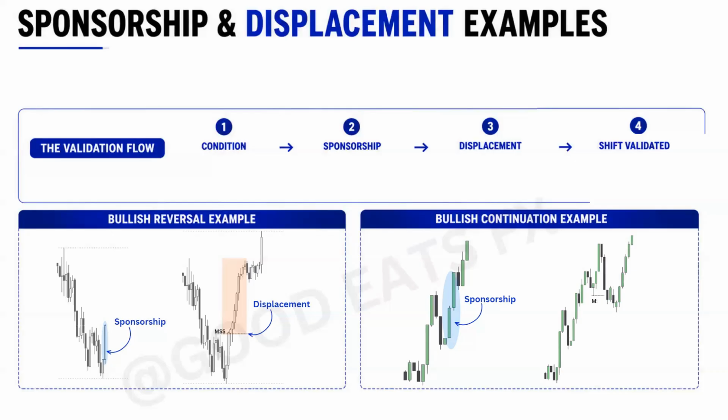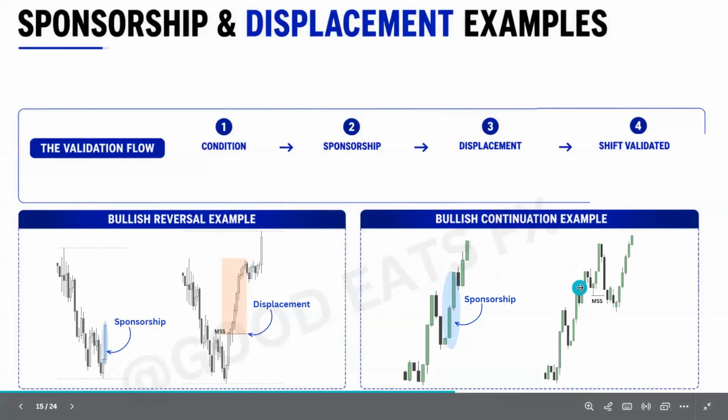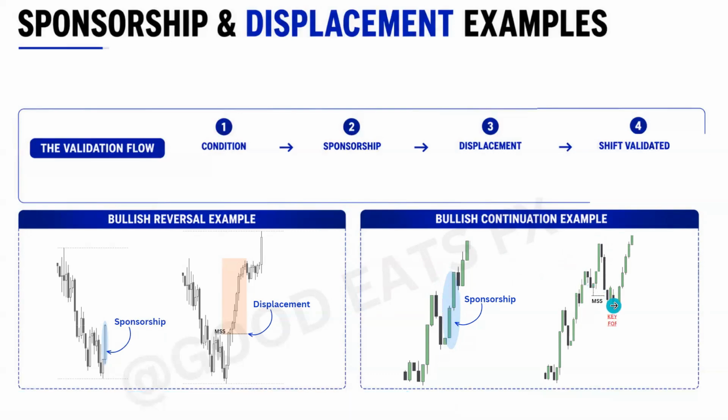If we're going to be bullish, trading above that high here and then below this low is a bearish market structure shift. So what we want to see for the sponsorship to be followed up with displacement is aggressive movement above this key low form.